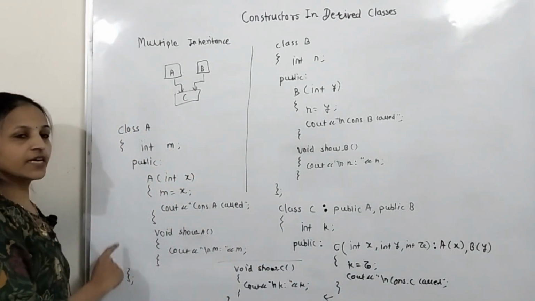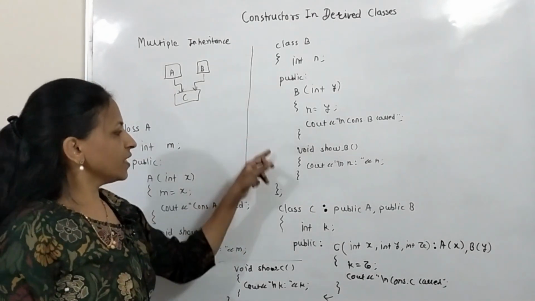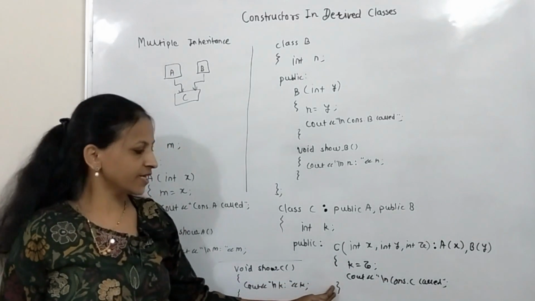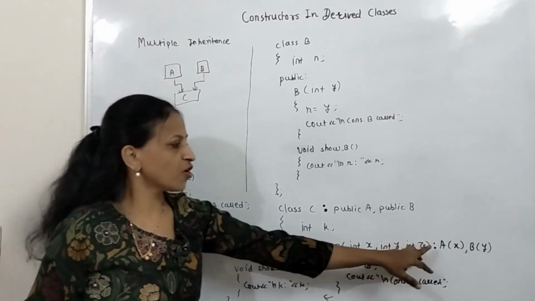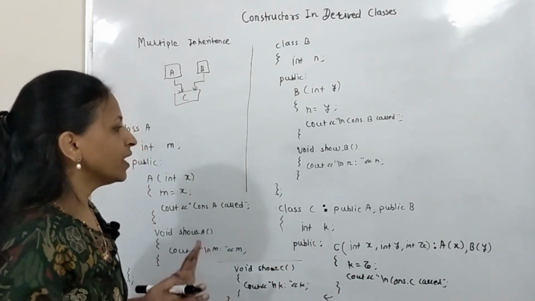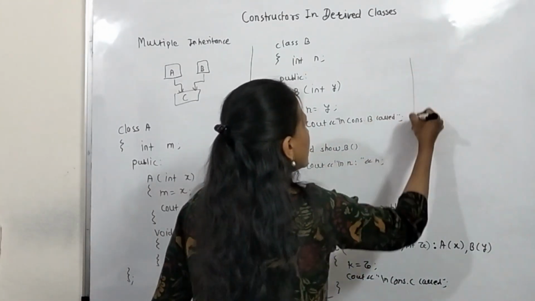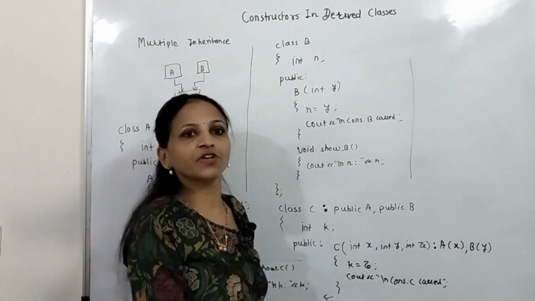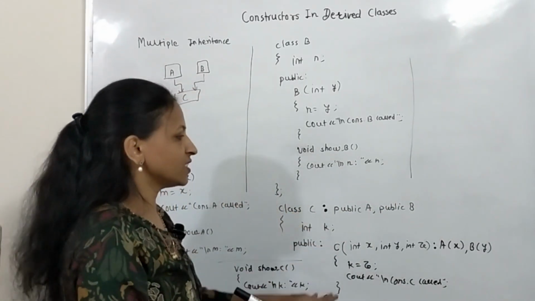See, here we have created class A, class B, and class C derived from A and B. And through this derived class constructor, I am calling both the base class constructors one by one. Now in main we will create an object of this C class. It will have internally everything present in A and B, as well as its own members.